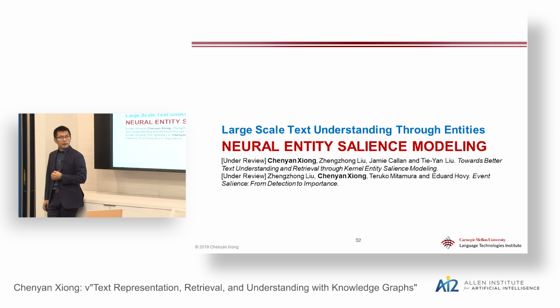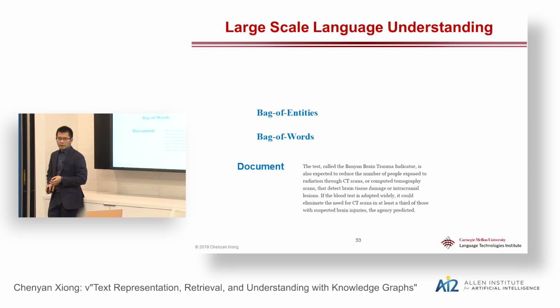Later, I made it more general: instead of only focusing on search engines, can we use entities to improve the understanding of text at a large scale? I call it large scale because it is very different from the sentence level, word level, or phrase level.